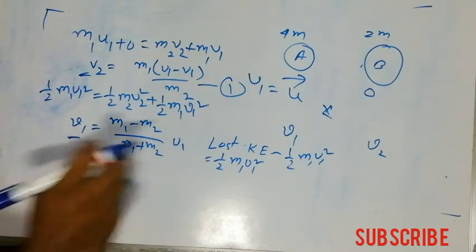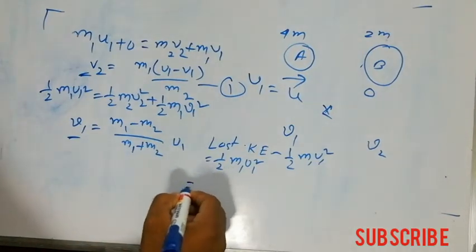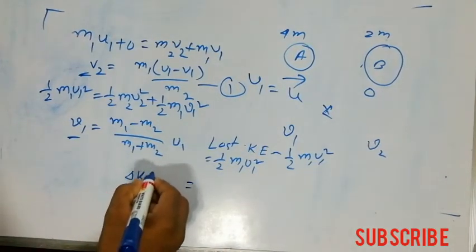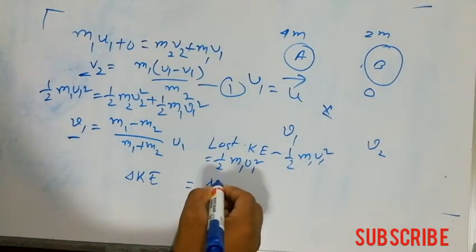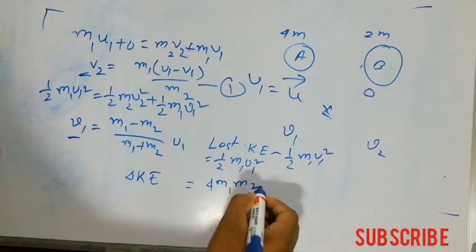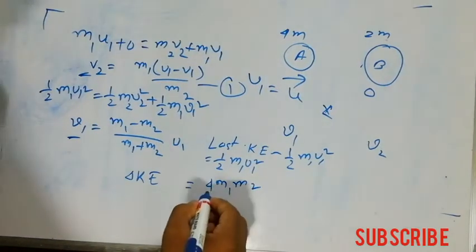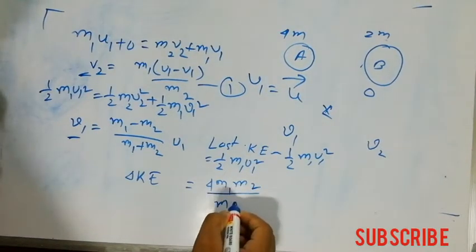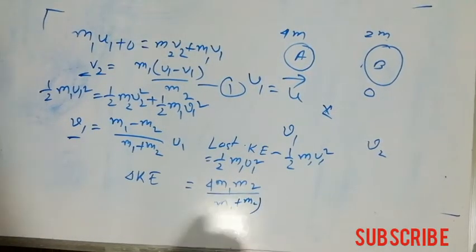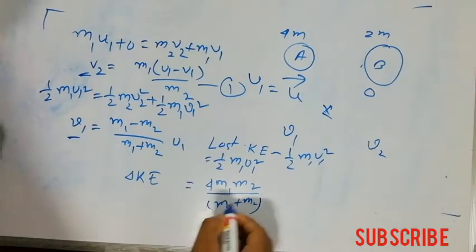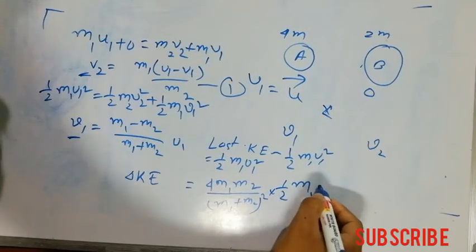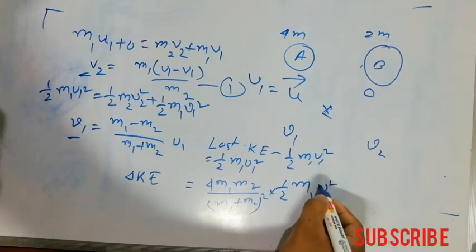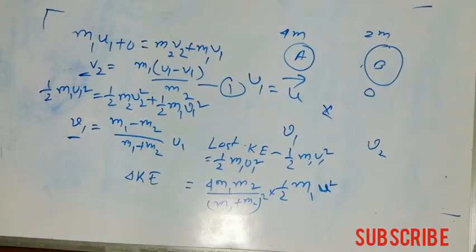If we put the value of v1, we get the answer. The loss in kinetic energy, that is delta KE, is equal to 4 m1 m2 by (m1 plus m2) whole square into half m1 u1 square. u1 means u given in the question.